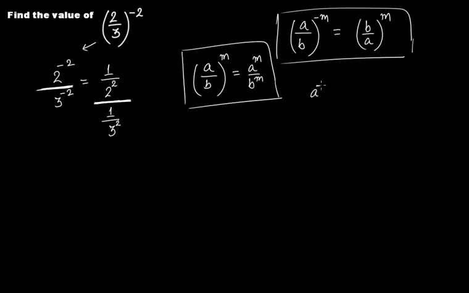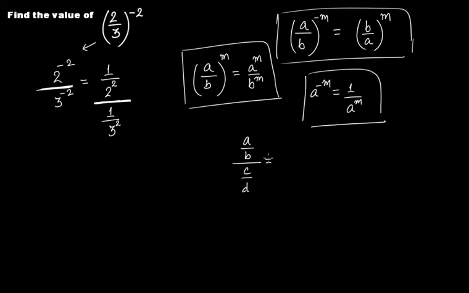If a^(-m), then this is equal to 1 by a^m. Okay, now it's actually of the form a by b divided by c by d, and this is actually equal to a by b multiplied by d by c. It is of this form.